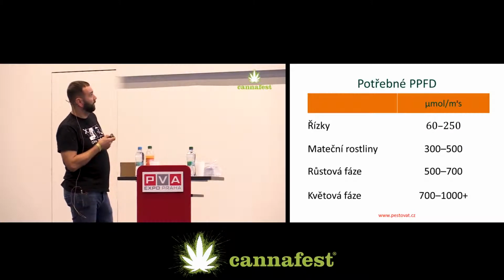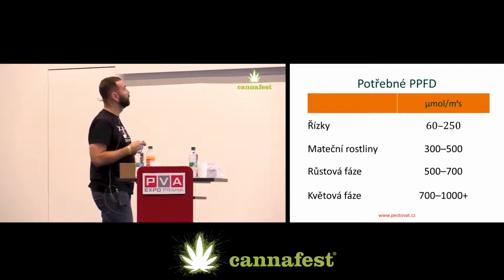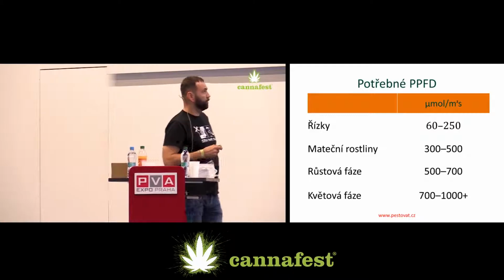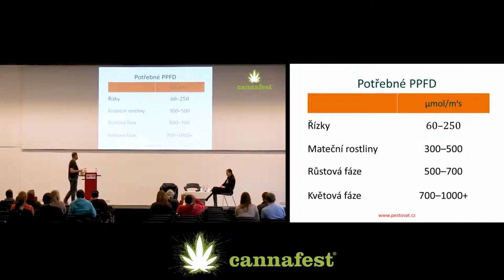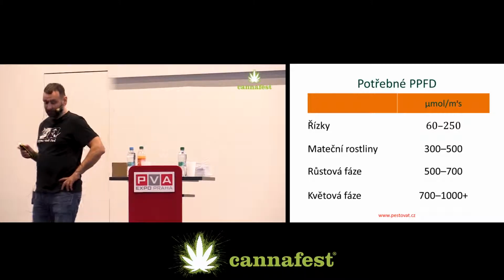For the cuttings, we need PPFD 60 to 250 micromole per meter square per second. For the mother, we see 500. For the growth phase, 500 to 700. For the flowering phase, 700 to 1,000 and beyond.